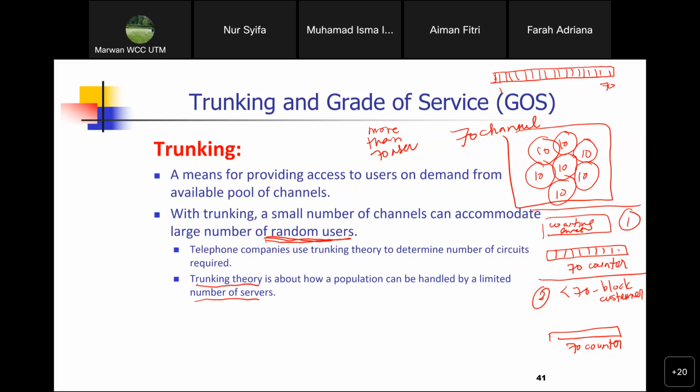These all mainly rely on the statistical arrivals of the users in order to serve more users. In telecommunication, we also have a limited number of channels, and because of that, we use trunking theory to increase the number of subscribers that we have.